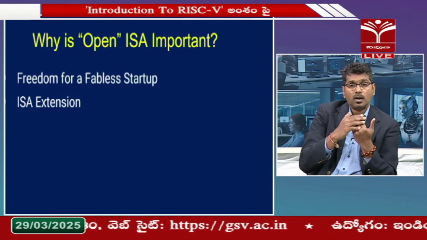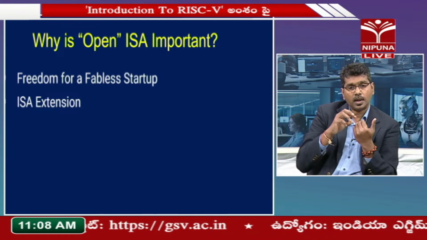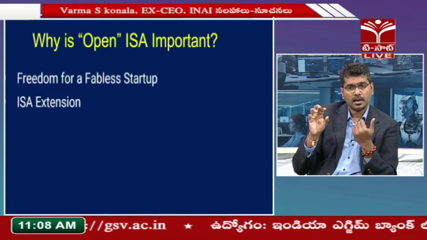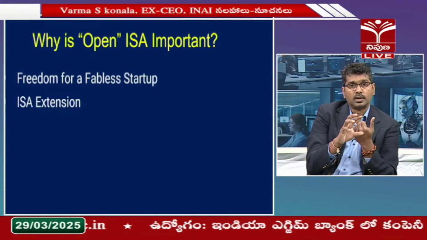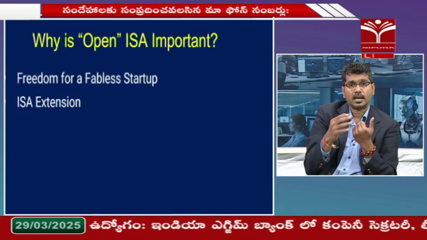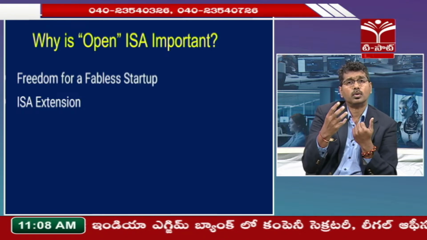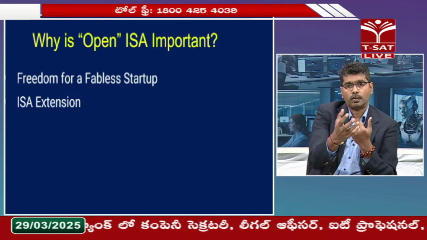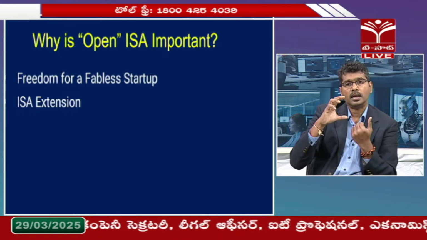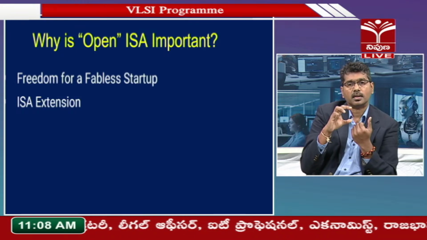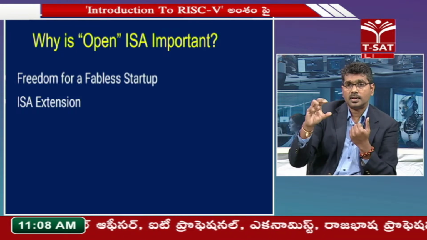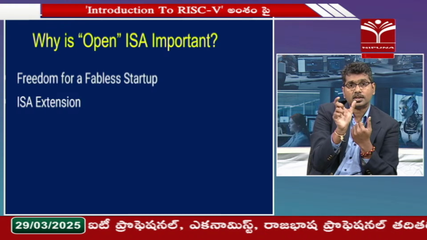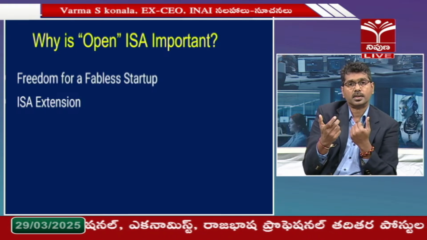A lot of people have good ideas of, hey, I want to be able to do this, but earlier you didn't have the choice, and now you have the choice. Like I said, similar to how you are able to add your own stuff in Linux. Once Linux came, you could do innovation at the OS level that you couldn't do earlier. Similarly, with RISC-V, you could extend the instructions and add your own innovations that you couldn't do earlier.